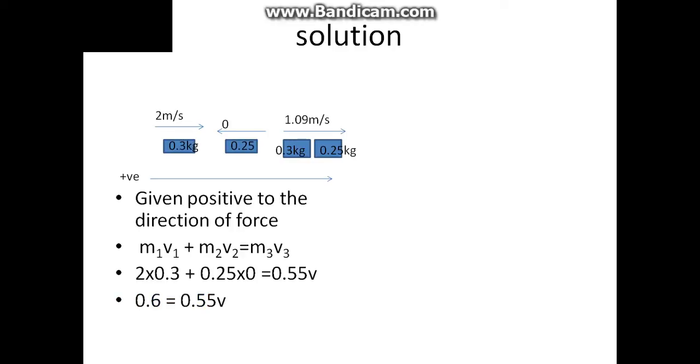Then we make our multiplications and additions. We get 0.6 equal to 0.55 velocity. Then if we make velocity the subject of the formula, we now have our velocity to be 1.09 meters per second. I hope we are now clear.